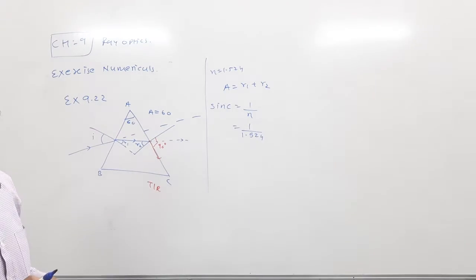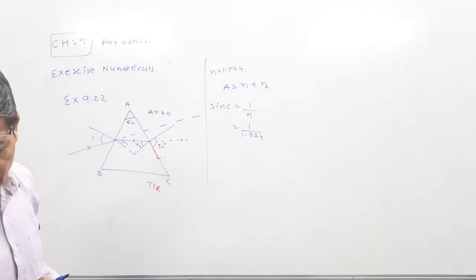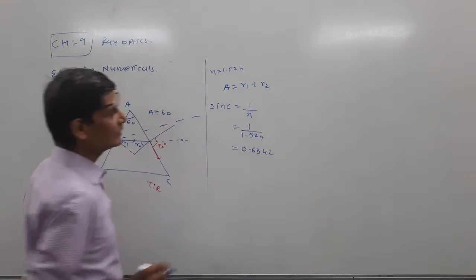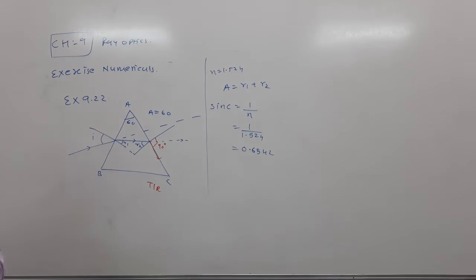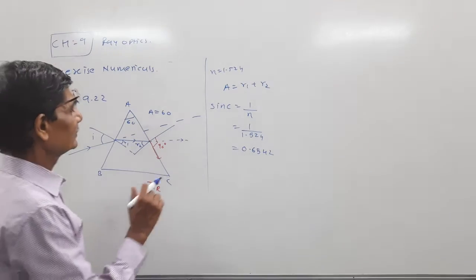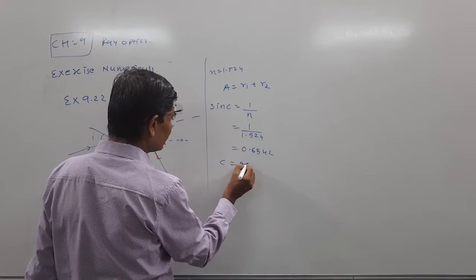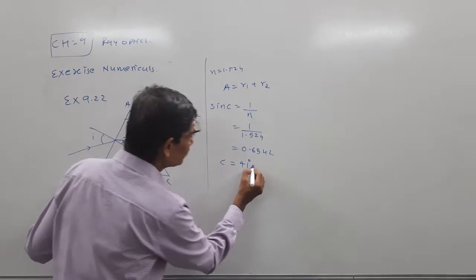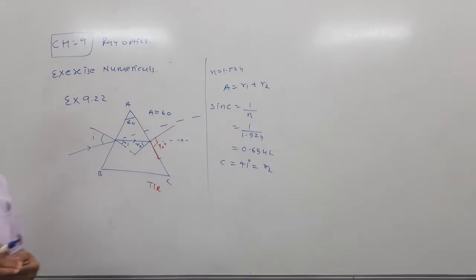If you solve, it turns out to be 0.6542. Looking at the natural sine table, C turns out to be 41 degrees. This r2 is nothing but C, the critical angle.